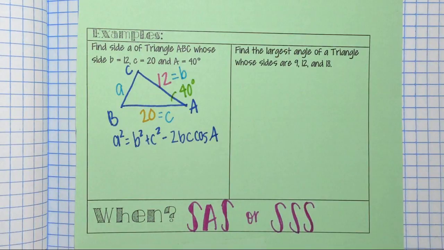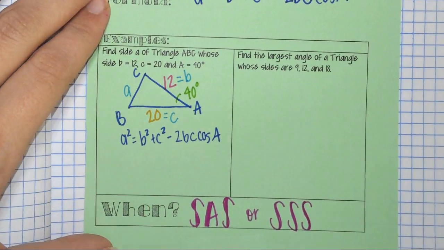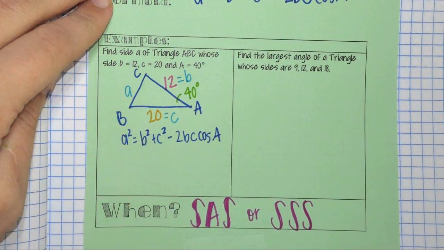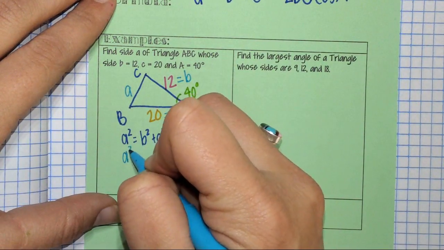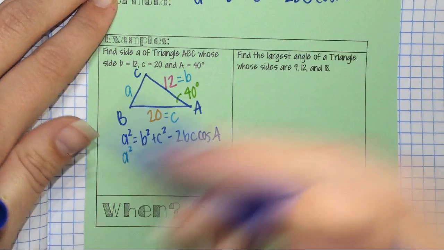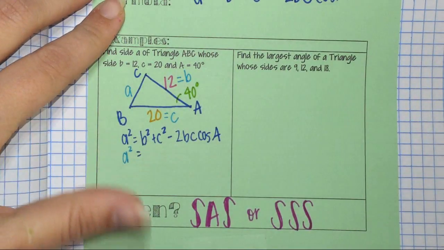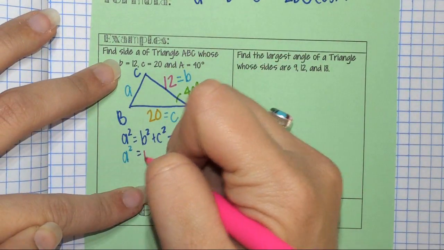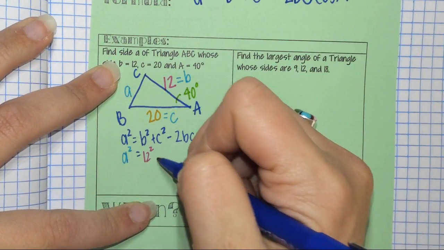Do we know what A is? No, so we're going to leave it as a squared equals. Do we know what B is? Yes, 12. So it's going to be 12 squared. Do we know what C is?